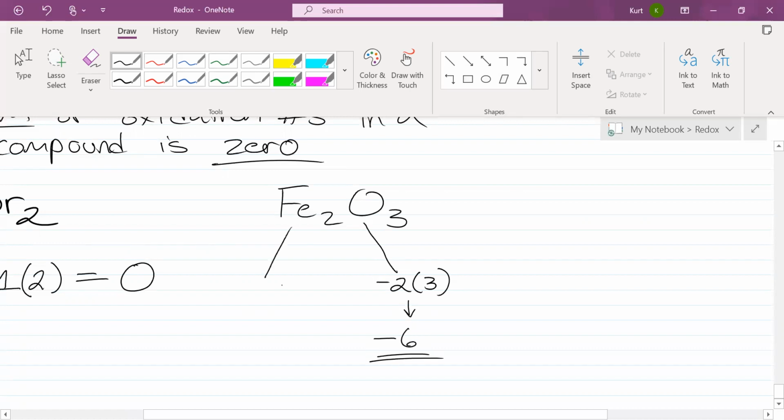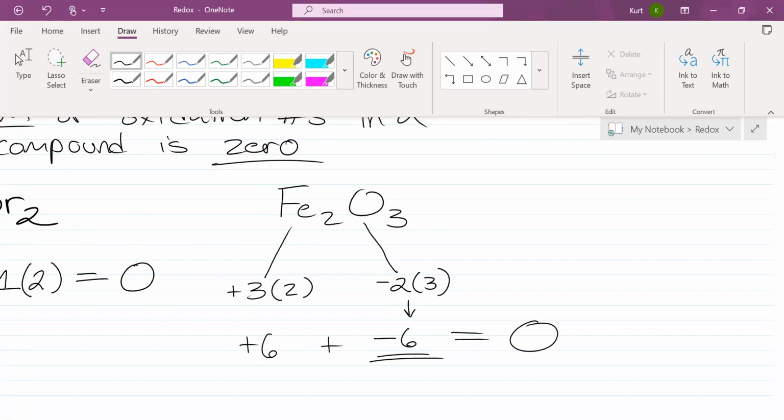How many irons are here? What must the oxidation number of the irons be in order to equal +6 to balance out the oxygen's -6? You gotta say positive. +3. What is +6 plus -6? 0. If you do not see a charge, it is neutral.